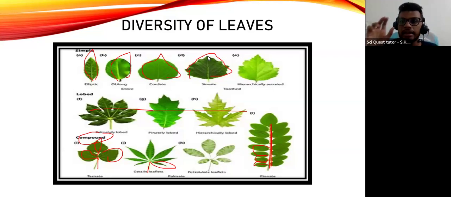Right. To what category of leaves will a jack tree, a jack plant tree, belong?